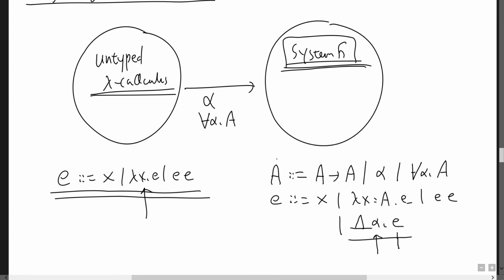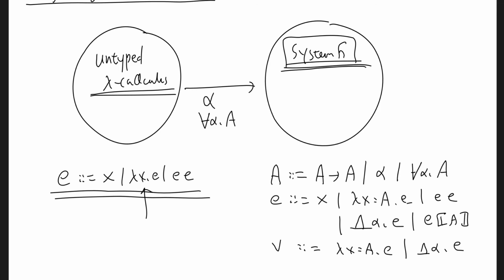And inside the expression E, we may use references to type variable alpha. And we have a corresponding application form, which is called type application. So in this case, we are going to substitute this concrete type A for this type variable alpha. Finally, values are either this ordinary lambda abstraction or this type abstraction.